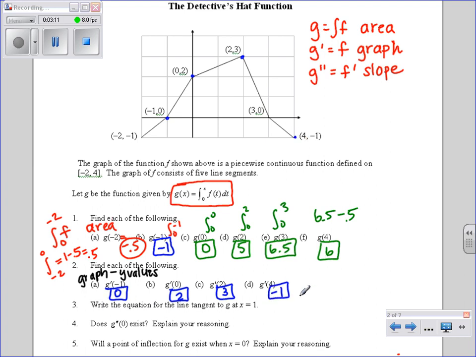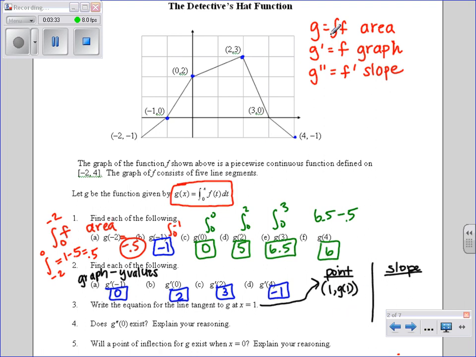Write an equation for the tangent line. Okay, anytime you hear tangent line, two magic words: point and slope. So the point comes from x equals 1. So 1, comma. Now to find the y value that goes with this, we always plug it into the function it's talking about. So g of 1.